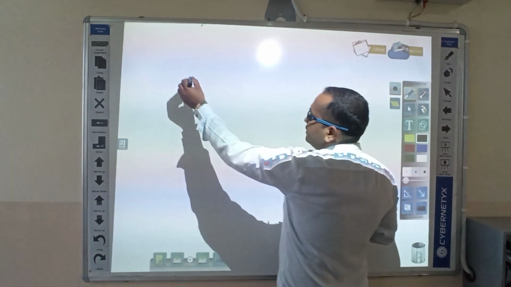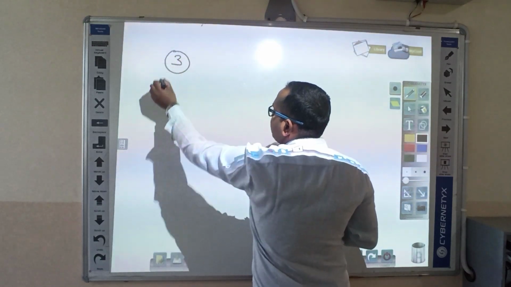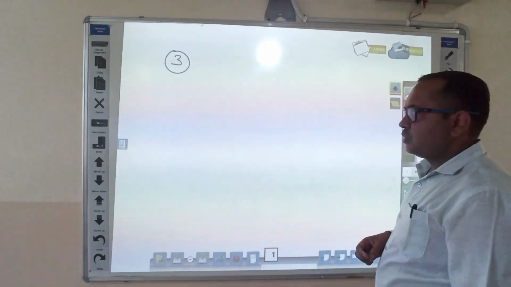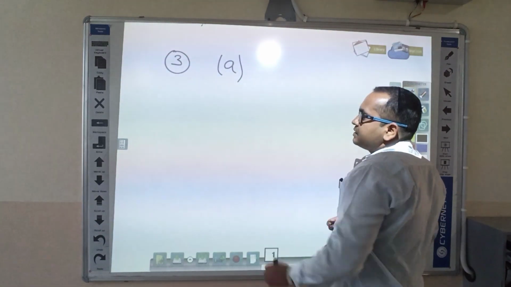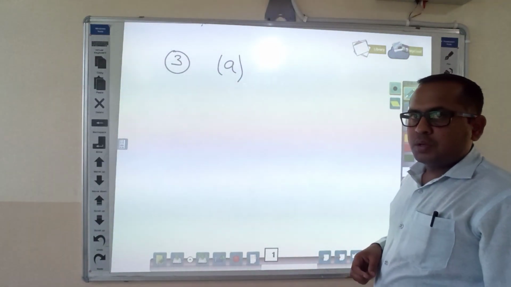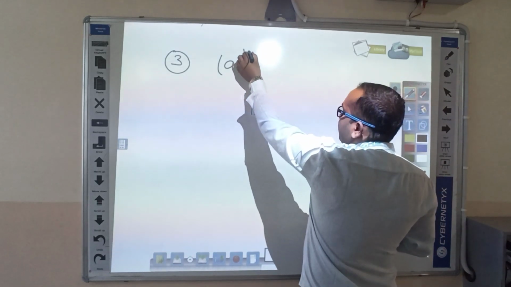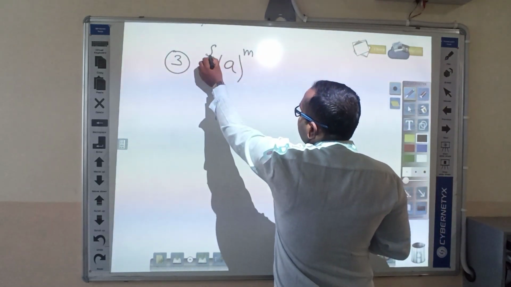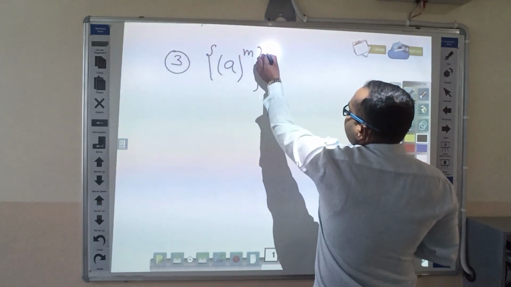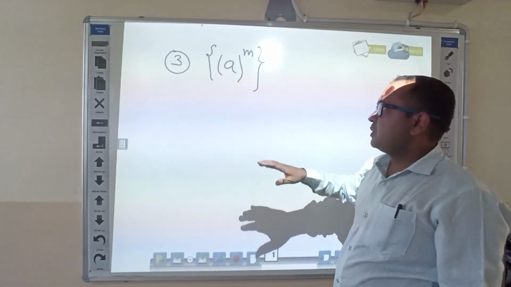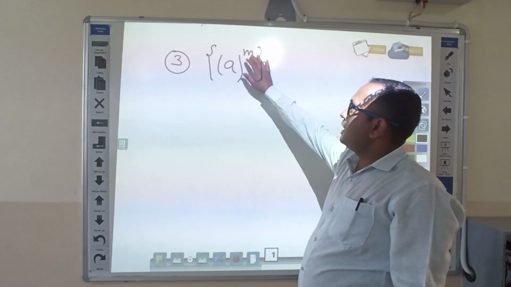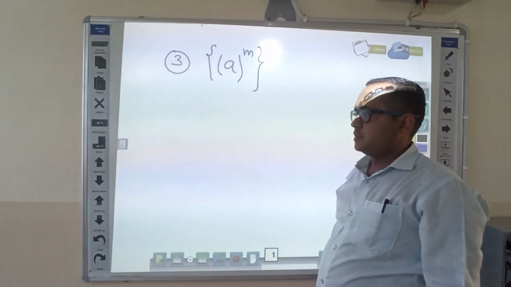Now the third law is: when a single base is given but there are two exponents for a single base. Means there is a single base but they have two exponents.